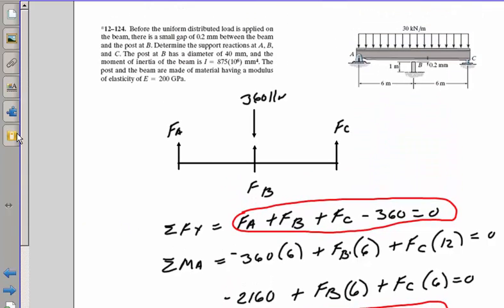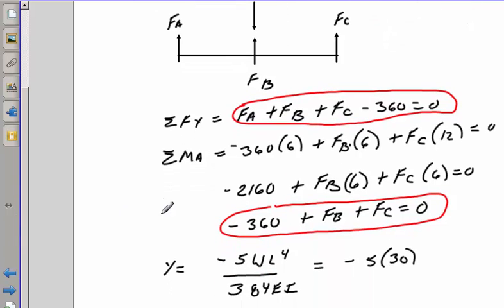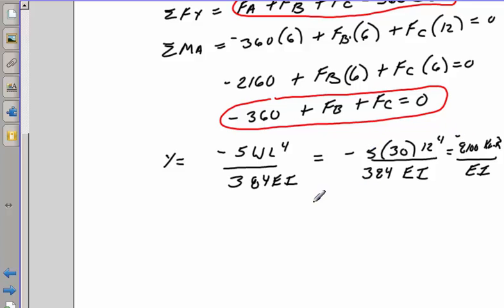Now the length of our beam is going to be 12, so we're going to take that to the 4th power. And my EI here, that's going to give me 8100 kilonewton meter cubed over EI. Again, we'll make that negative here. So that's Y due to the distributed load.